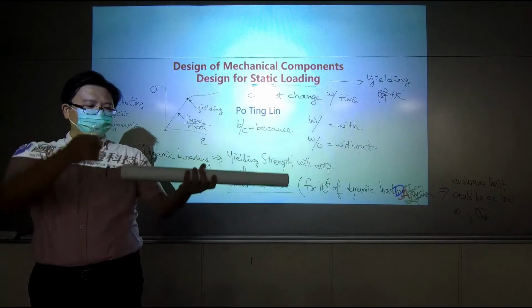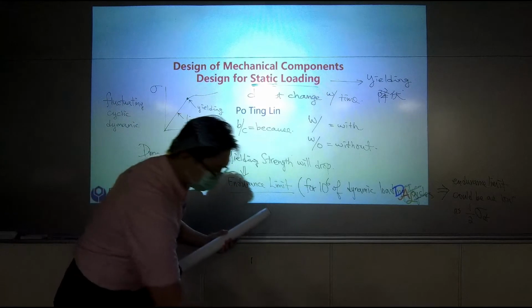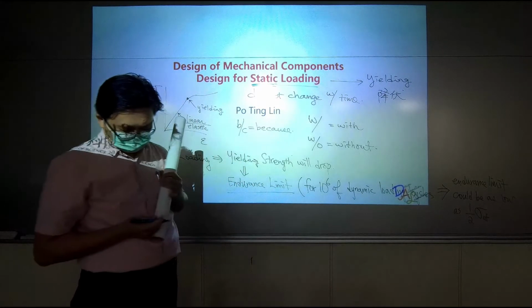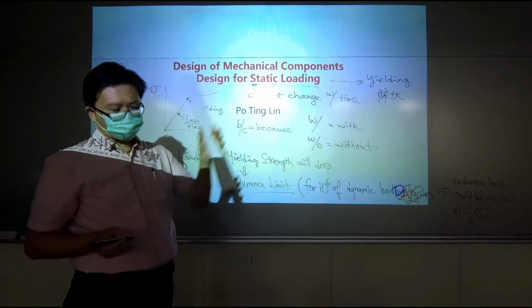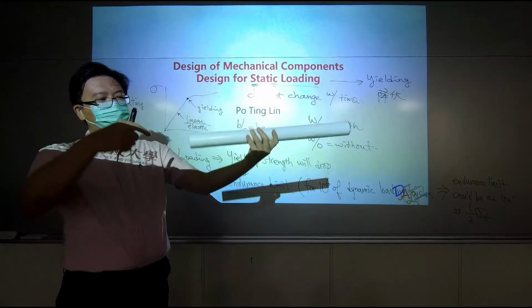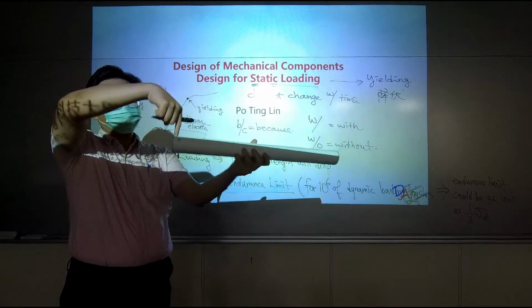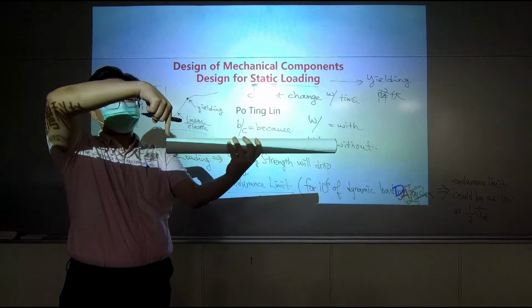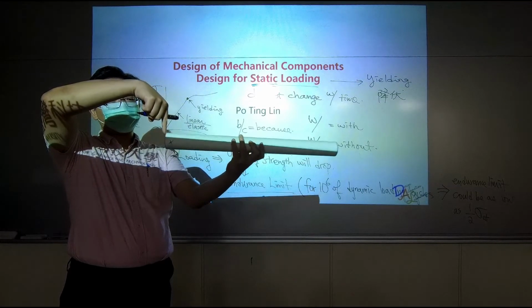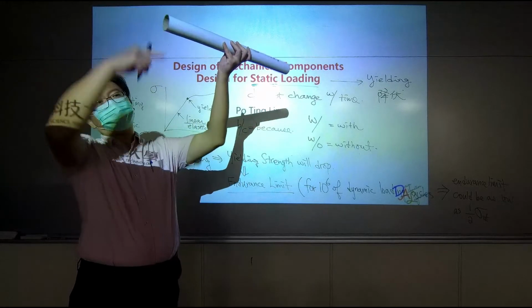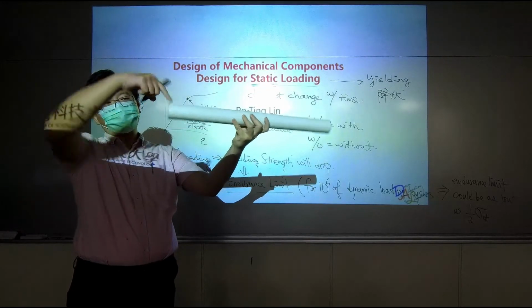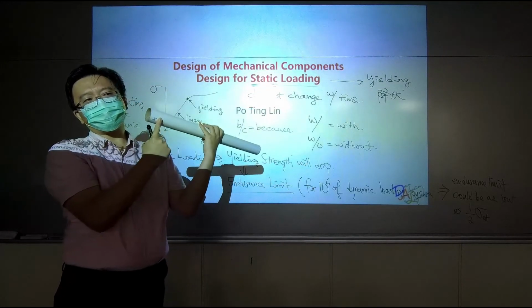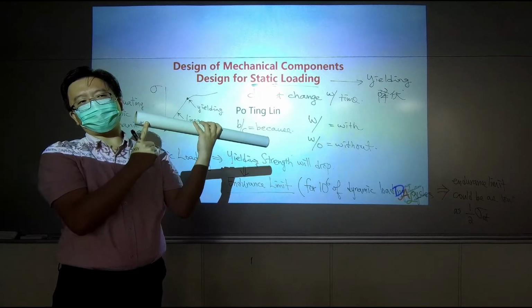For example, if I draw a cross right here, and I apply the load from the top side, where I have the cross, and when it spins to the bottom, when the cross is at the bottom, then the cross is under a different kind of load.